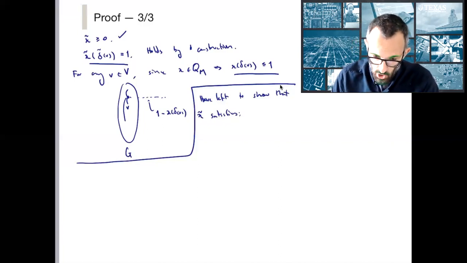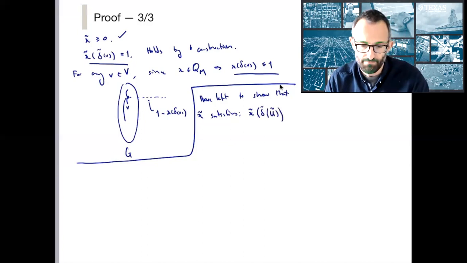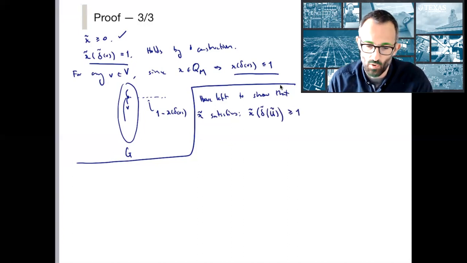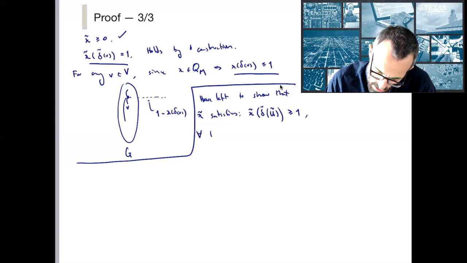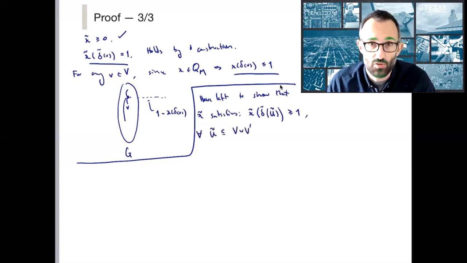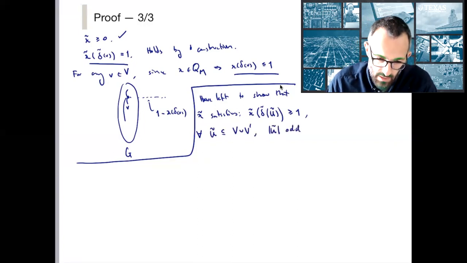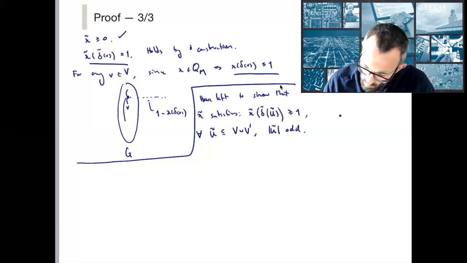So I need to show that x tilde of delta tilde of u tilde is greater than or equal to 1 for any u tilde, which is a subset of V union V dash, which is V tilde, where u tilde is odd. So again, what was our picture here?